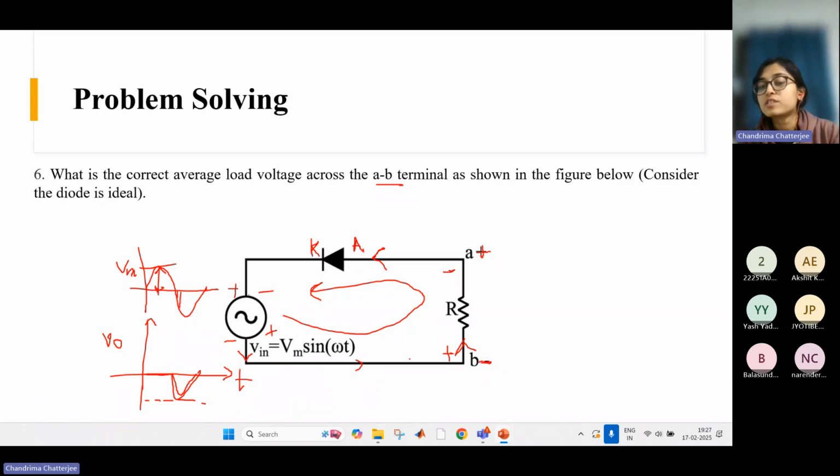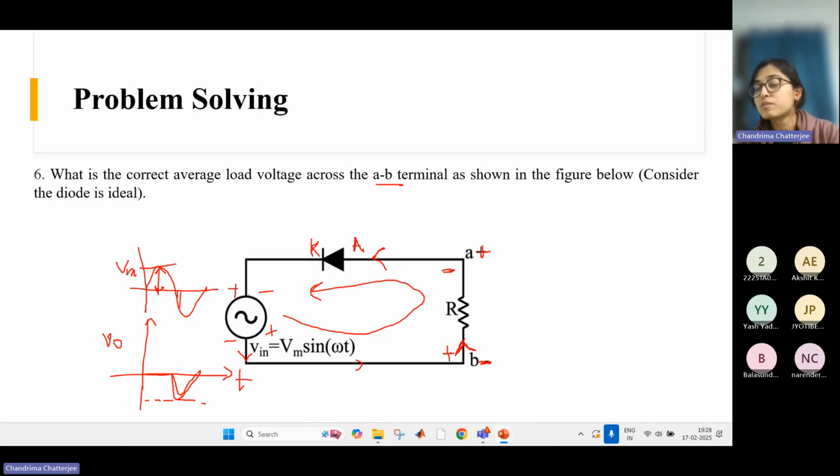But as we are analyzing the circuit, we see the current is flowing from B to A, not A to B. So according to our usual convention, B should be positive and A should be negative, right? Because current is flowing from this point to this point. If the current had flowed from A to B, then the polarity would be like this, as they have mentioned, right? But it is not like that.